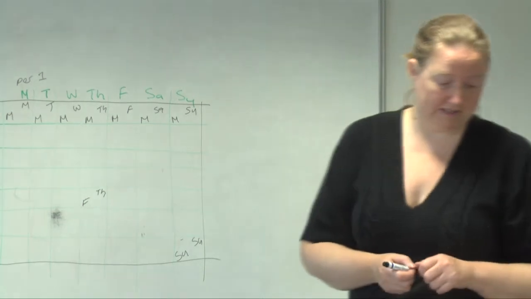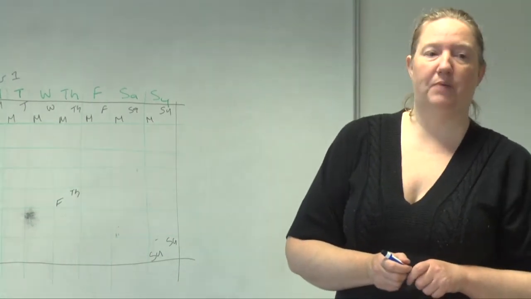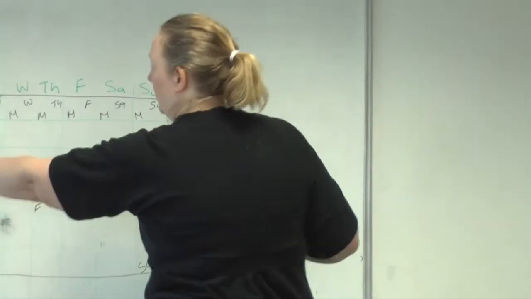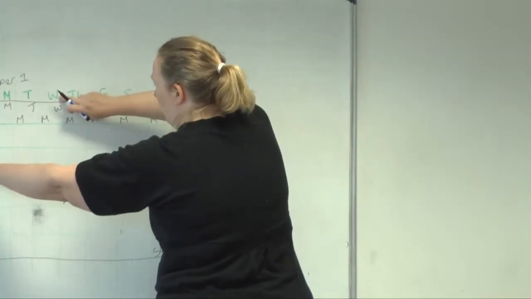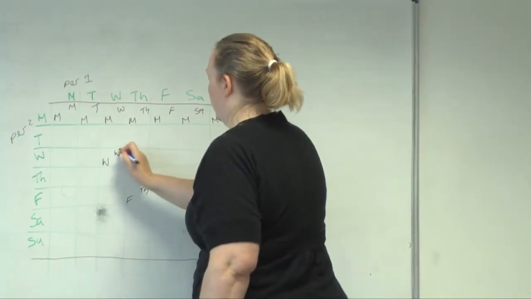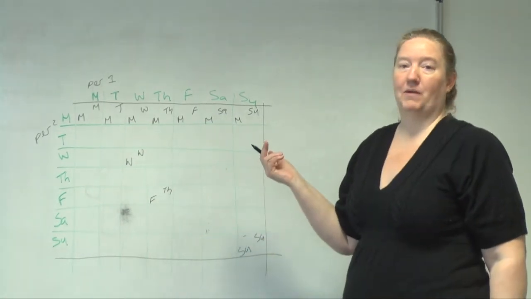So the first one is, find the probability that both people were born on a Wednesday. Well, you go to Wednesday on person 1, Wednesday on person 2, and see where they meet. And there's only 1 square where it's a double Wednesday.